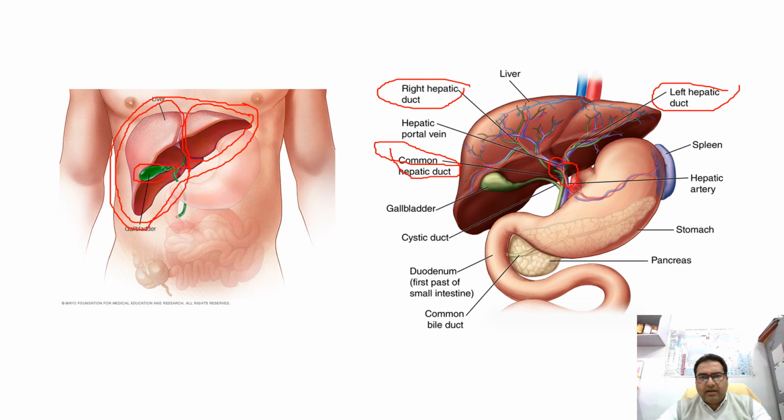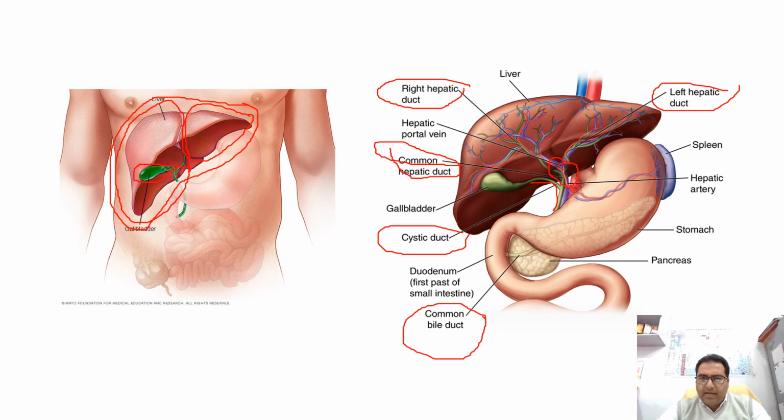So the right hepatic duct and left hepatic duct join to form the common hepatic duct, and then the cystic duct, which comes from the gallbladder, forms the common bile duct.